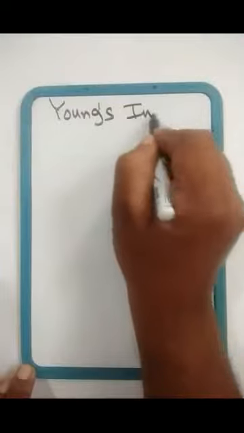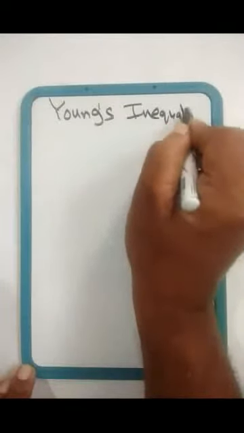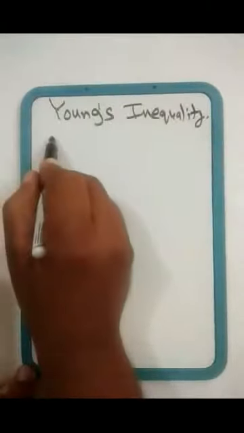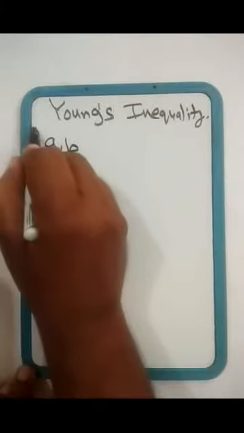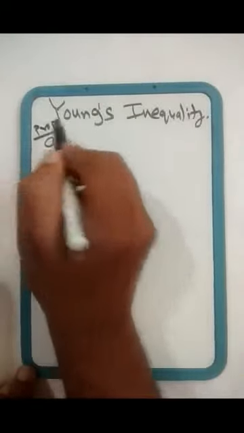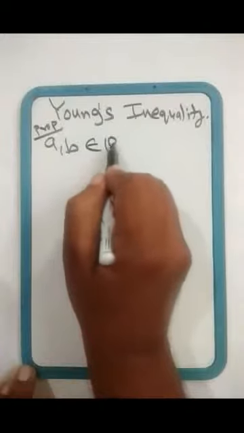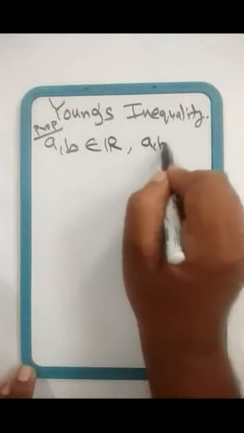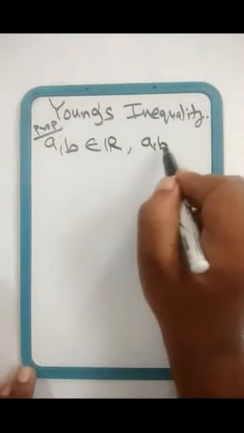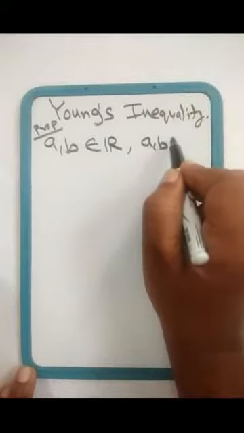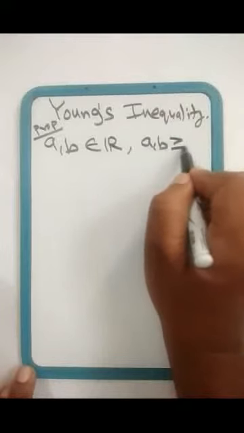Young's inequality. This is a proposition. Suppose A and B belong to the set of real numbers such that A and B are non-negative.